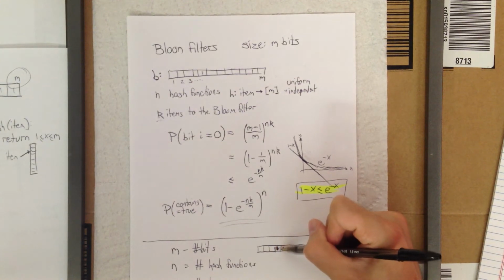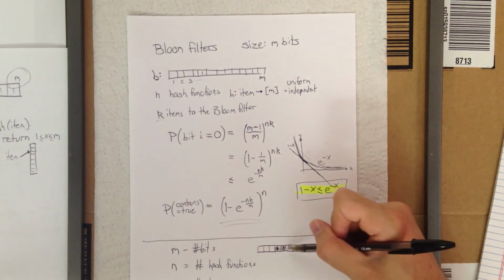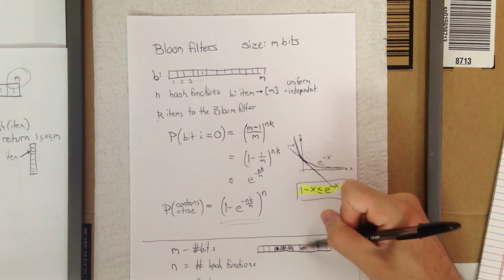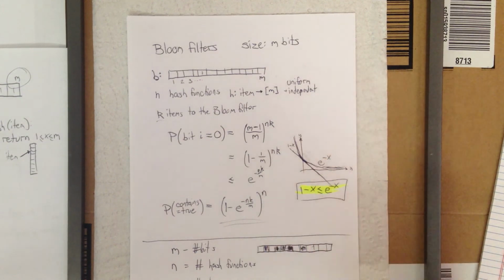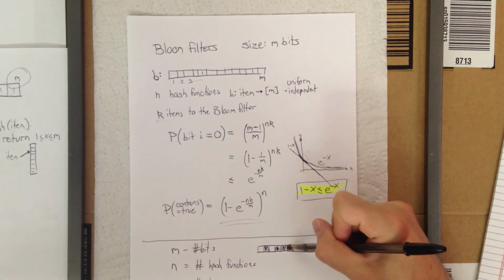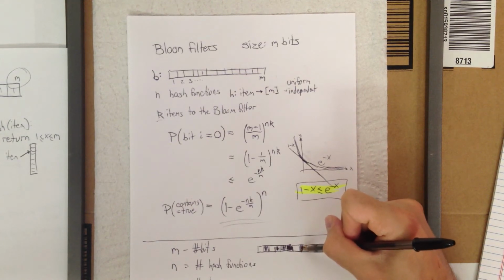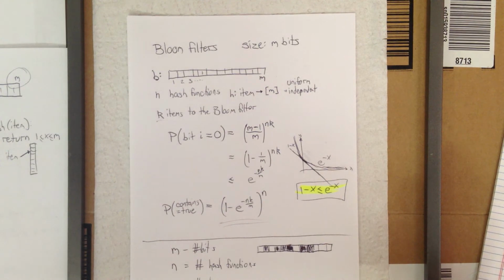I'll color them in when they get set, since they never get unset. Then you add your second item, another 3, although not necessarily different 3, get set to 1. You add your third item, another 3, get set to 1. Maybe this time 2 of them are the same as ones that had already been set, and so on.